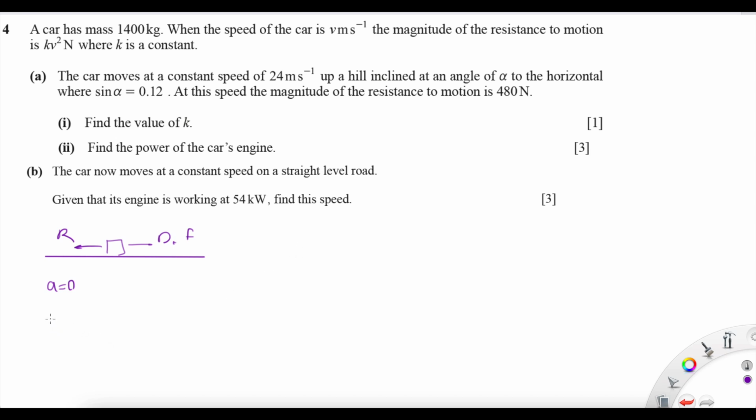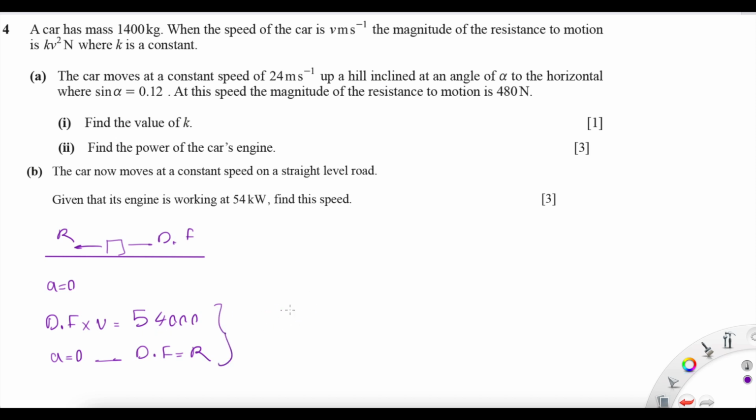Now we know that driving force times v will be equal to power, which is 54,000, and acceleration is 0. So when acceleration is 0, it means that driving force is equal to resistance.